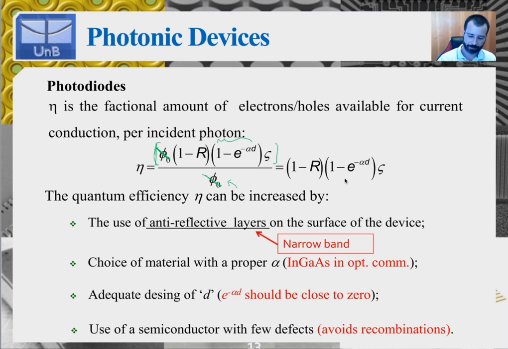So this is a more specialized expression for the quantum efficiency, which takes into account reflection, absorption, and the efficiency zeta. And by looking at this expression and noting how it was derived, we see that the quantum efficiency can be increased by, for example, using anti-reflective layers on the surface of the device, right?